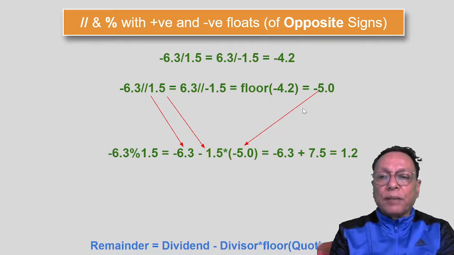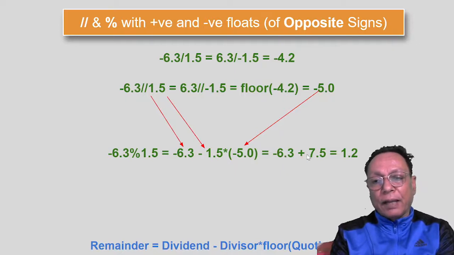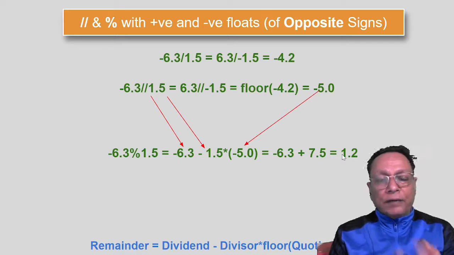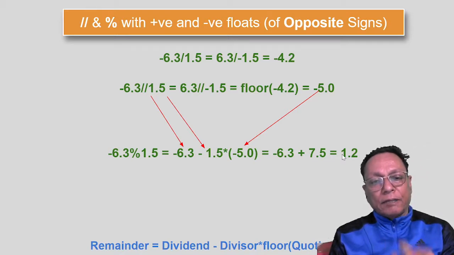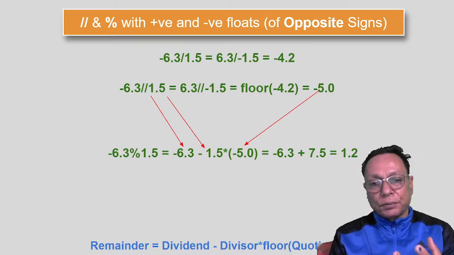The floor quotient is minus 5.0, my divisor is positive 1.5 and the dividend is minus 6.3. So the relation gives you minus 6.3 minus 1.5 into minus 5.0, that is 6.3 plus 7.5 with the sign handled, and hence the output is 1.2. So while the dividend is negative but the divisor is positive, the remainder will be positive, say 1.2.